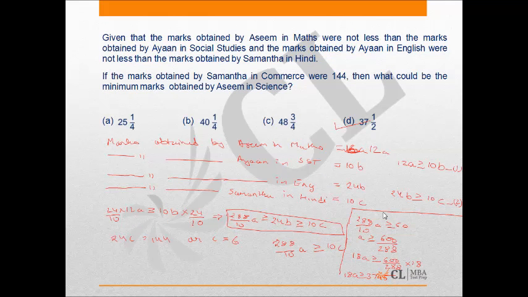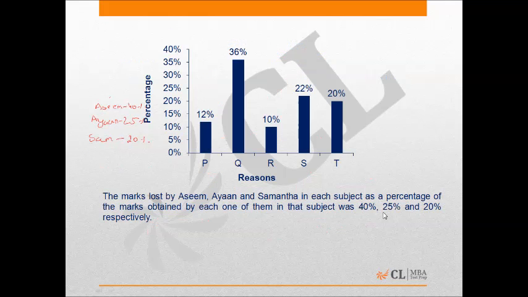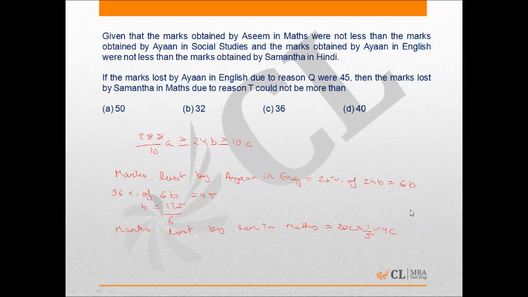Out of the total marks lost by Samantha in maths, due to reason T she lost 20%. So I have to further take 20% of it, that is 1 by 5. So I have to find the maximum value of 4C by 5.